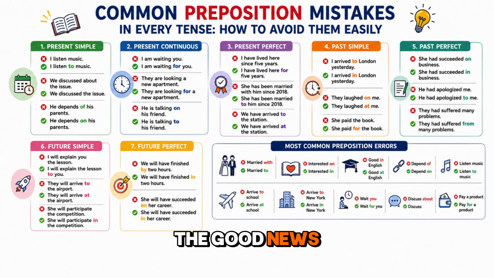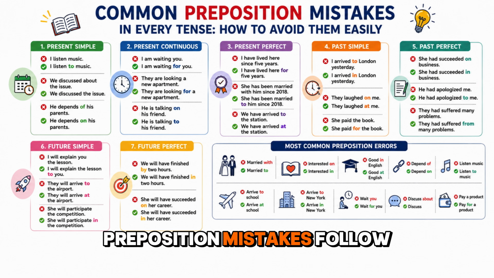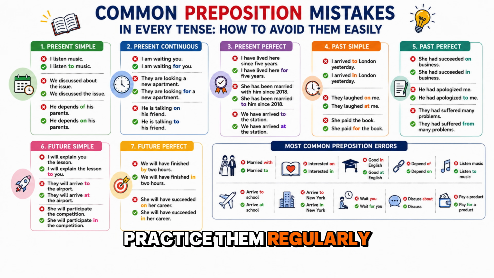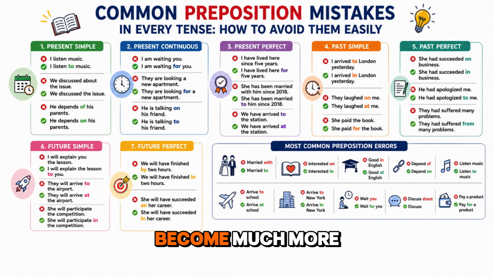The good news is that most preposition mistakes follow clear patterns. Once you learn these patterns and practice them regularly, your English will become much more natural and fluent. In this lesson, we're going to explore some of the most common preposition mistakes that learners make in every major English tense.